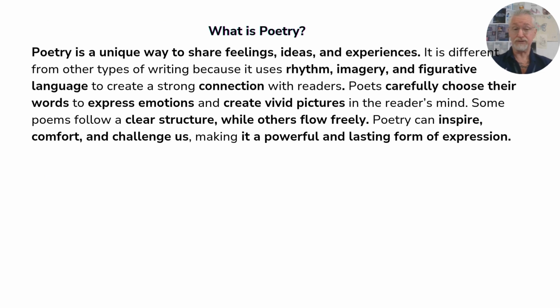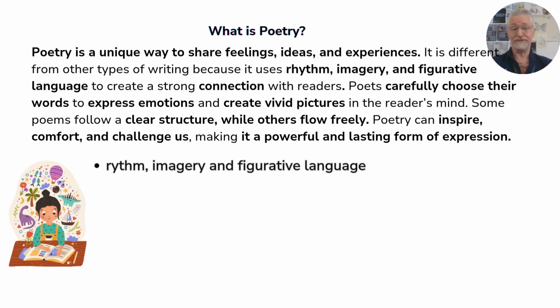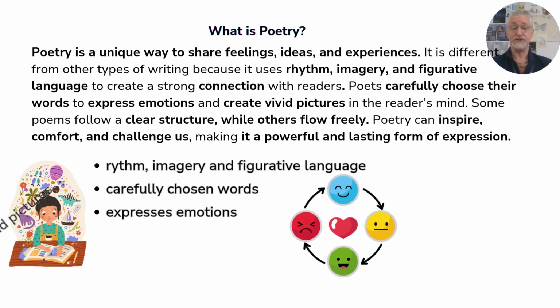So we have our paragraph. What is poetry? Let's identify some key words, concepts, and phrases. So we have rhythm, imagery, and figurative language. Then we have carefully chosen words. That's an important point. And we also have expresses emotions, create vivid pictures.